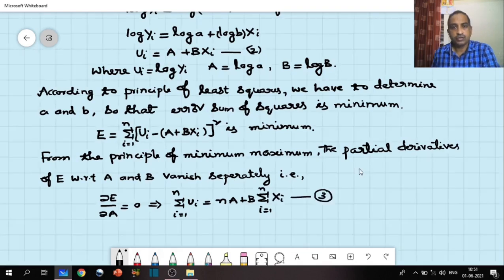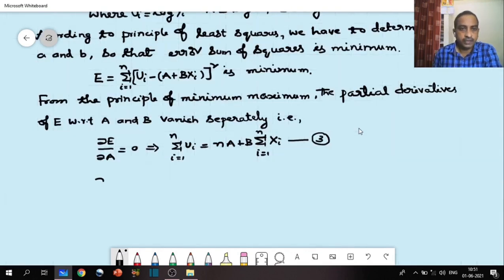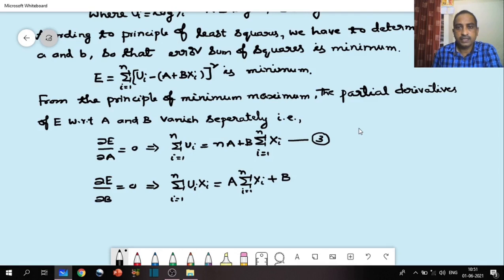Next, dou E by dou B equals 0. That implies summation i equals 1 to n ui xi equals A summation xi plus B summation i equals 1 to n xi square. This is equation 4.